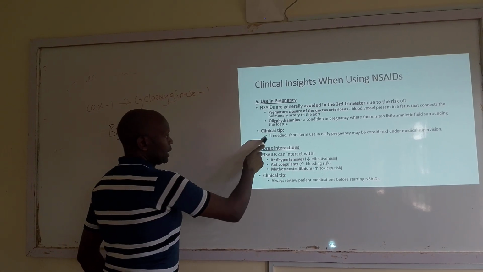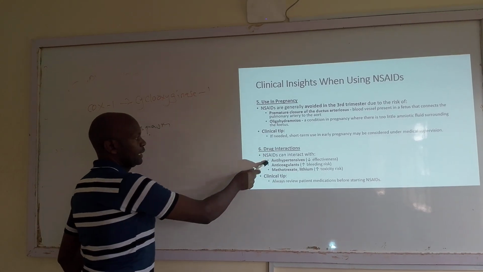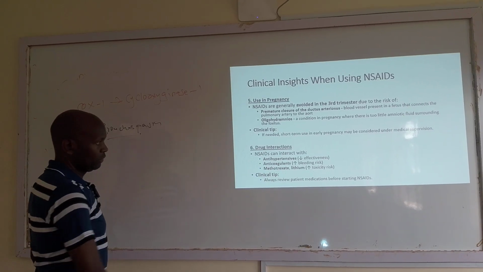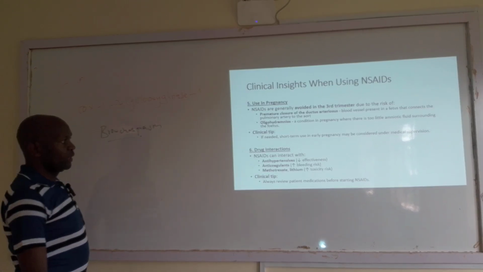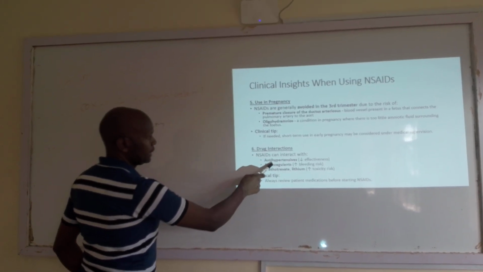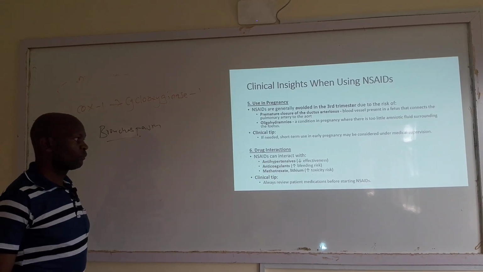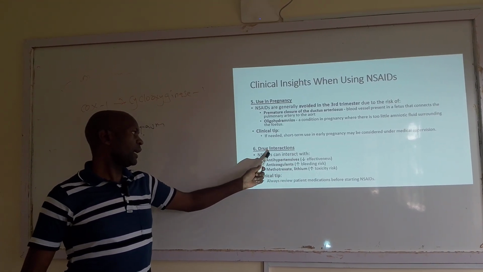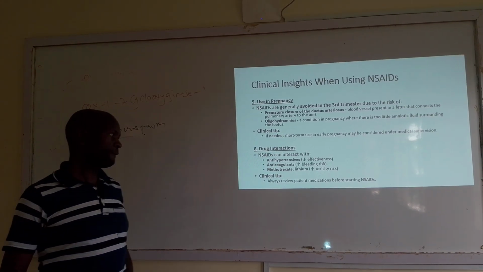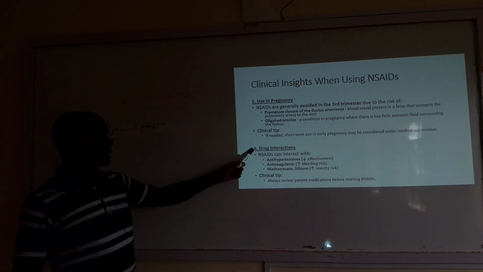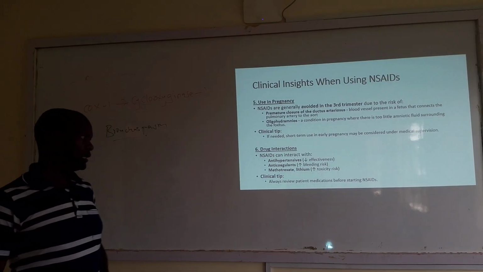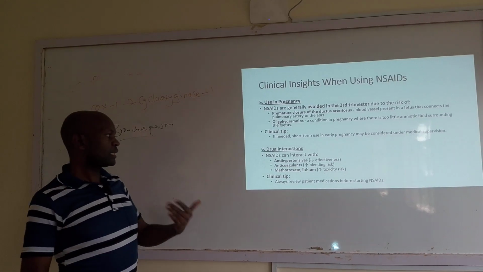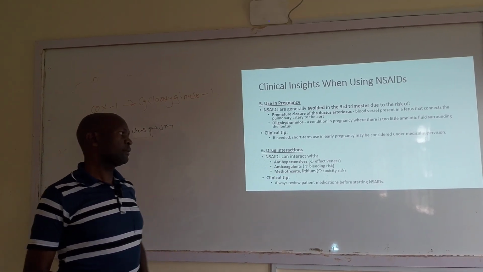When we talk about drug interactions, NSAIDs can interact with any of these drugs. When you give NSAIDs with antihypertensives, the effectiveness of your antihypertensives will be reduced. When you give NSAIDs together with anticoagulants, the risk of bleeding is increased.